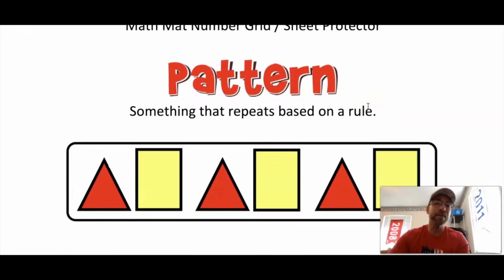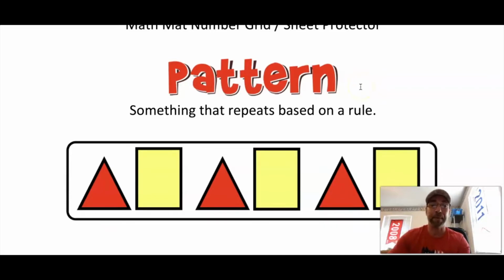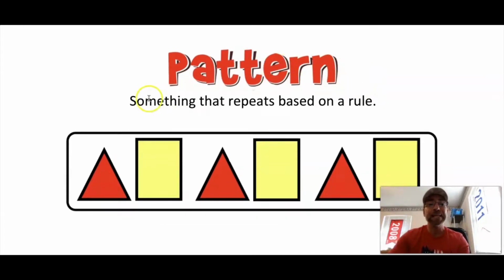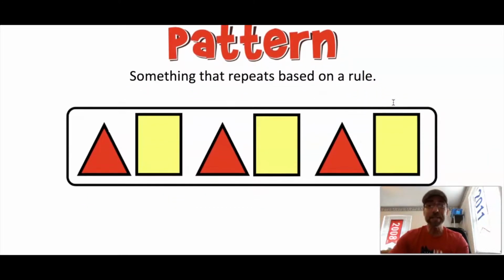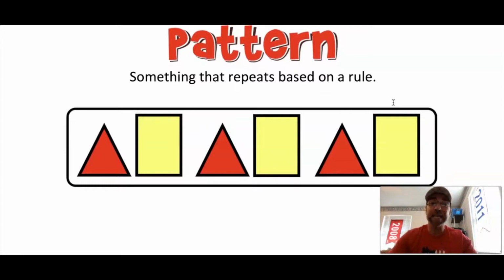Our word of the day is the word pattern. We've talked about patterns before in math, but a pattern is something that repeats based on a rule. Here is an example of a shape pattern. We see that things start to repeat. Red triangle, yellow rectangle.